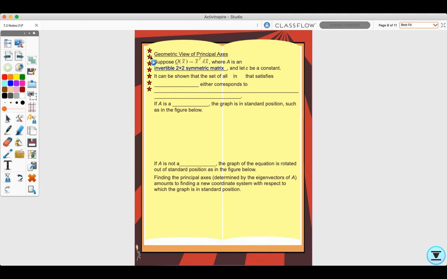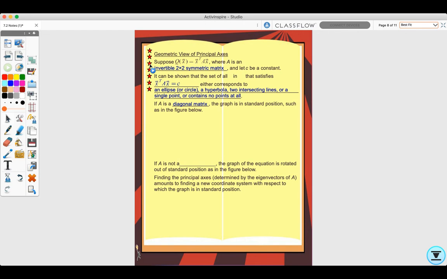It can be shown that the set of all x in R2 satisfying x transpose Ax equals c either corresponds to an ellipse or circle, a hyperbola, two intersecting lines, or a single point, or contains no points at all.